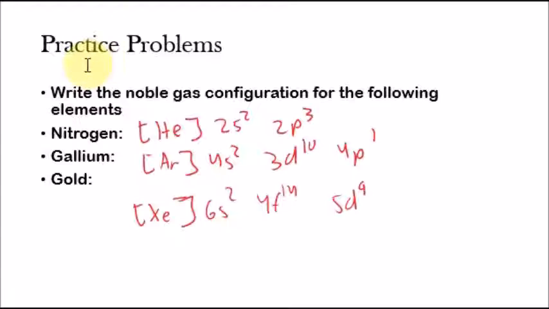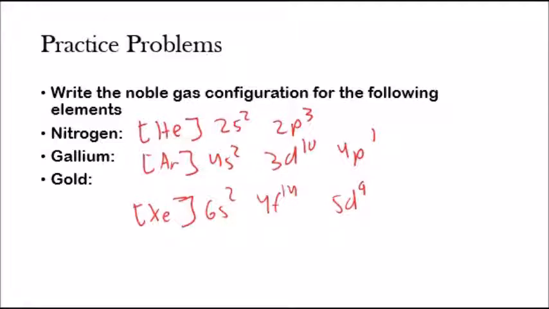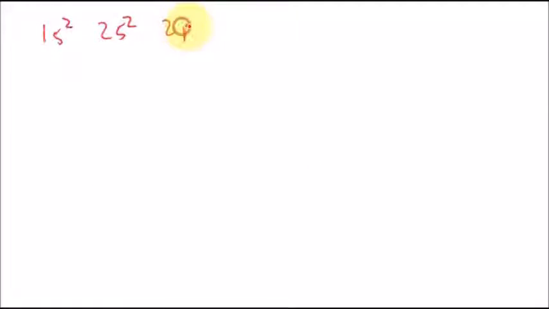It's a better idea of how the electrons are being distributed. So the first thing you need to do is look at the electron configuration. This is called the electron configuration.